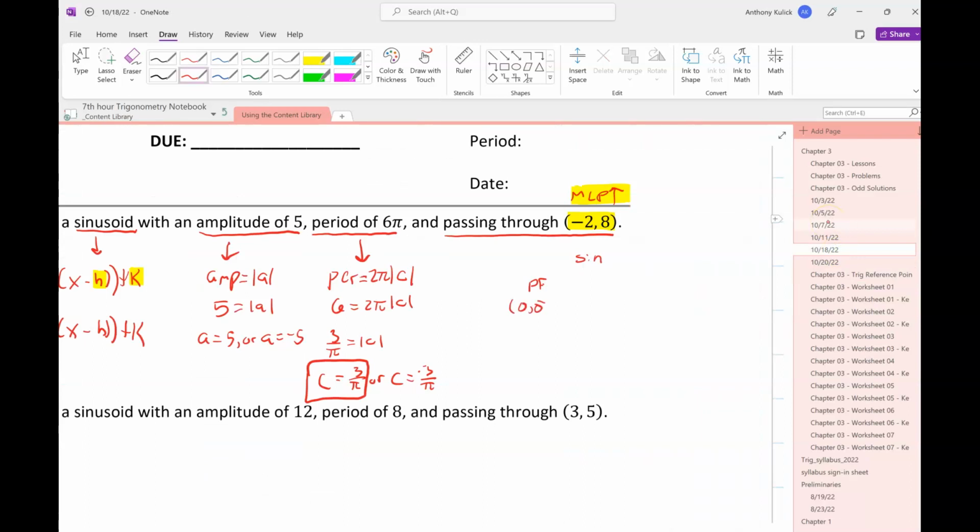So from the parent function, we're going to use the point 0, 0, which is a midline point followed by a maximum. And we're going to transform that point 0, 0 to the point negative 2, 8 in our resultant function, where negative 2, 8 is also a midline point followed by a maximum.